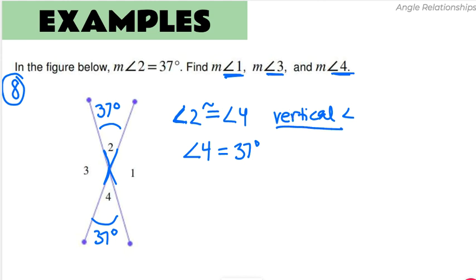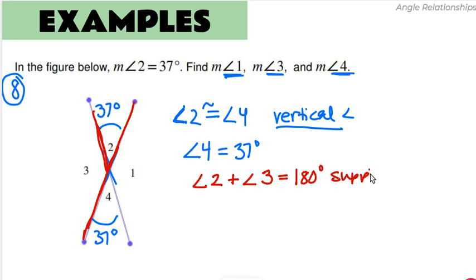All right, so now, angle 1 and 3. If I take a look at this, I have a straight line, right? What do we know about two angles that are adjacent that make a straight line? Well, they add up to 180, right? Angle 2 plus angle 3 equals 180 degrees because of supplementary angles, right?